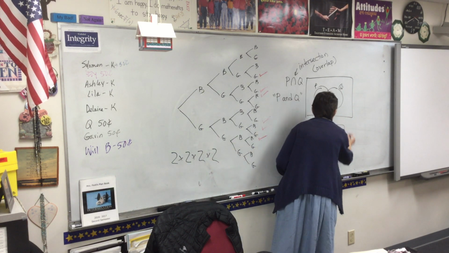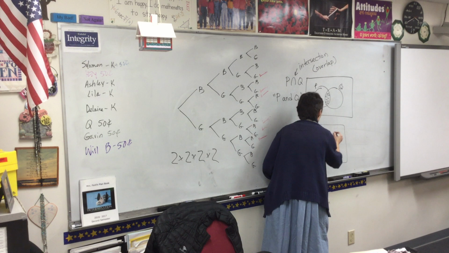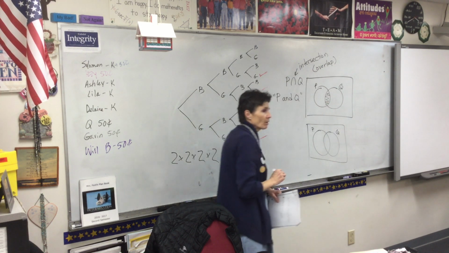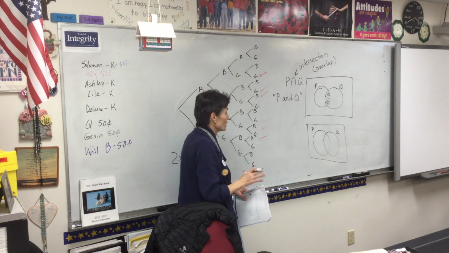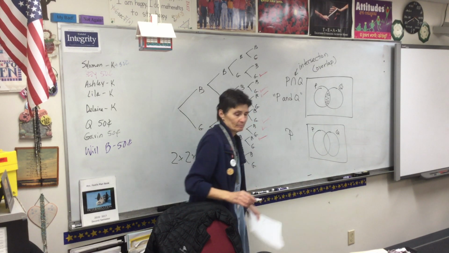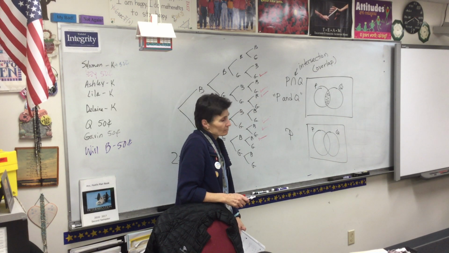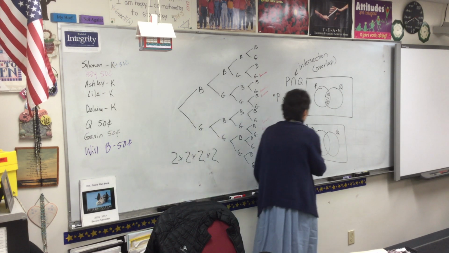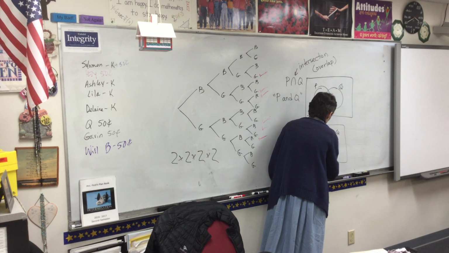Now the next one, you need to draw your own diagram. I got lazy and said I'm not going to draw this, but you need to draw that for every part because you're going to shade something different in every part. B says we're shading P. So what are you coloring? Are you coloring just this part?